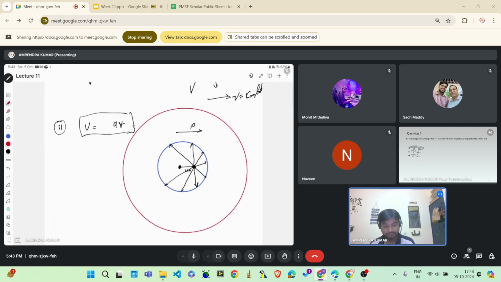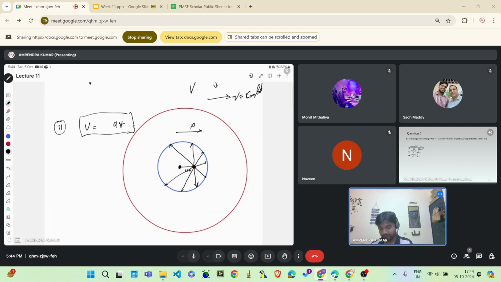Due to Gauss's law, what will happen? If we consider this as a center, so for this Gaussian surface, initially it was like this.